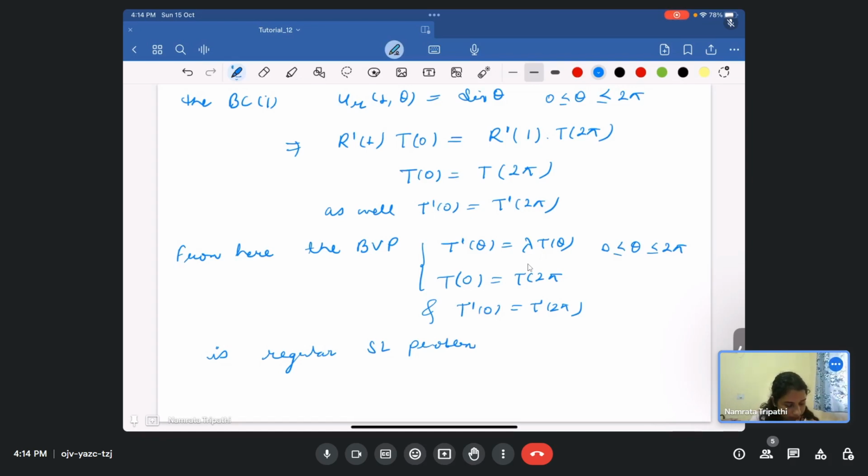Take lambda as minus mu square and solve for T of theta and tell me the answer.